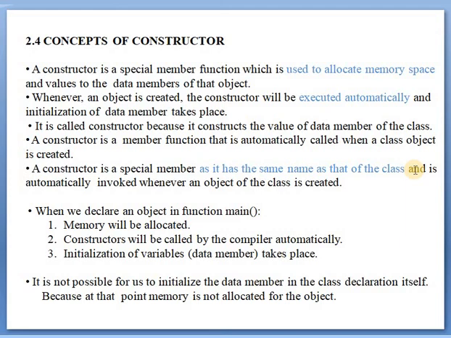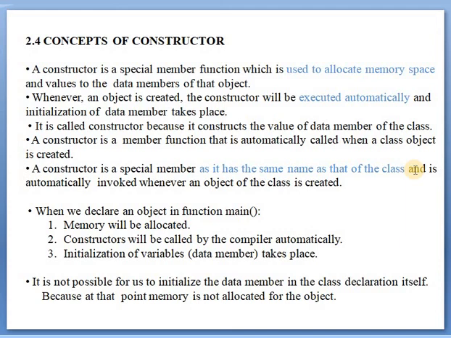When we define any member function, if we want to use that function, we have to call it by using the object name. But the constructor is a special member function which is executed automatically and it initializes the data members. It is called a constructor because it constructs the values of the data members of the class.